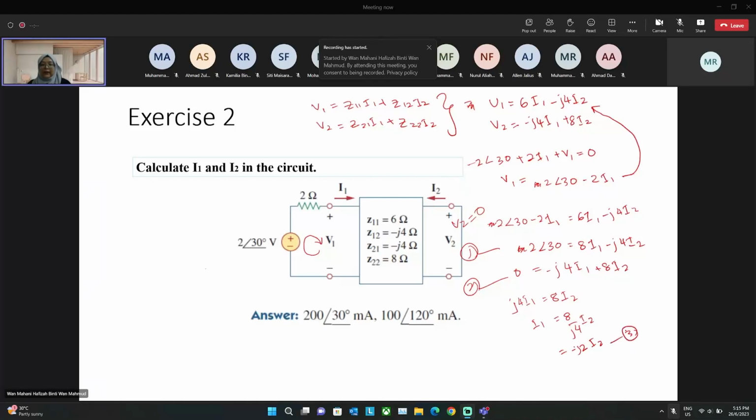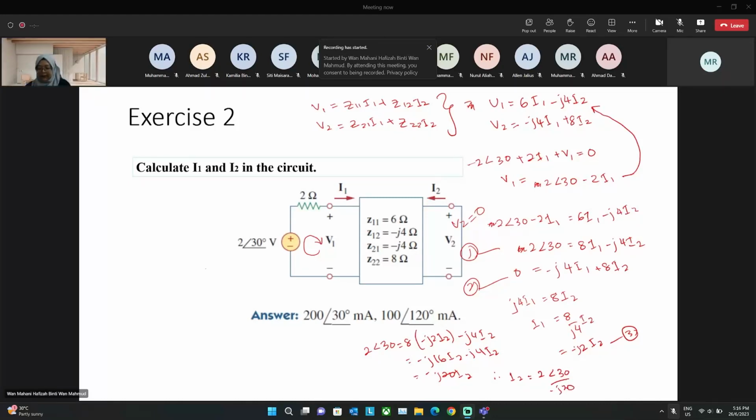Okay. So substitute masuk dalam equation yang pertama. 2 angle 30 sama dengan 8 I1, I1 is negative J2 I2, minus J4 I2. So kat sini you dapat minus J16 I2 minus J4 I2. So jadi minus J20 I2.